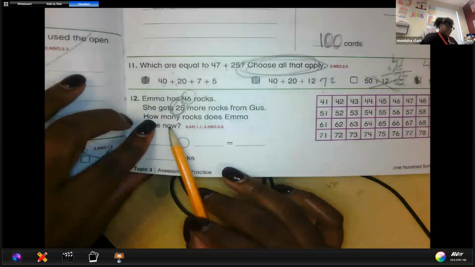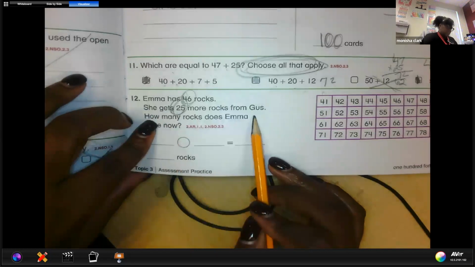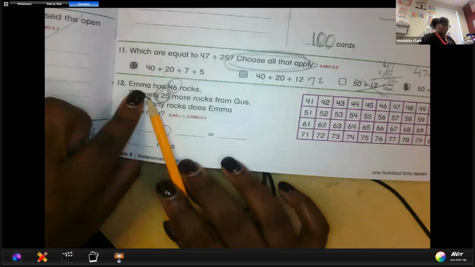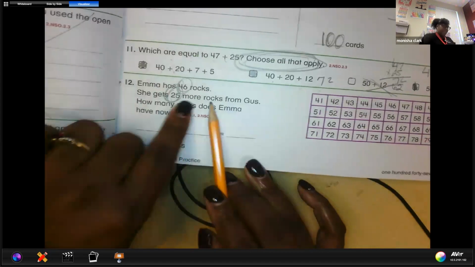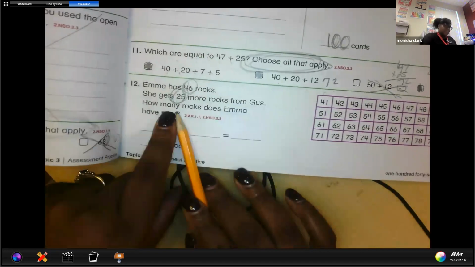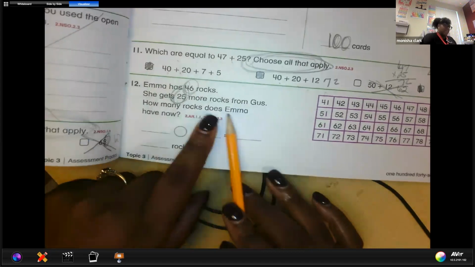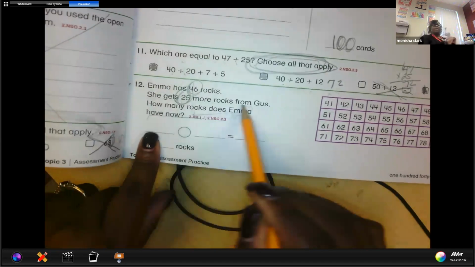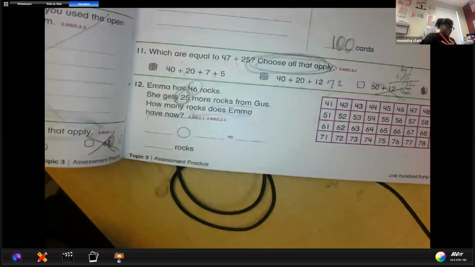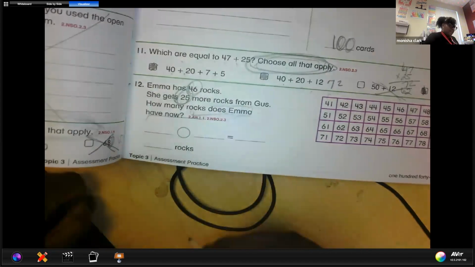Emma has 46 rocks. She gets 24 more rocks from Gus. How many rocks does Emma have now? So we're adding. So now let's see here. We're starting off with how many rocks?